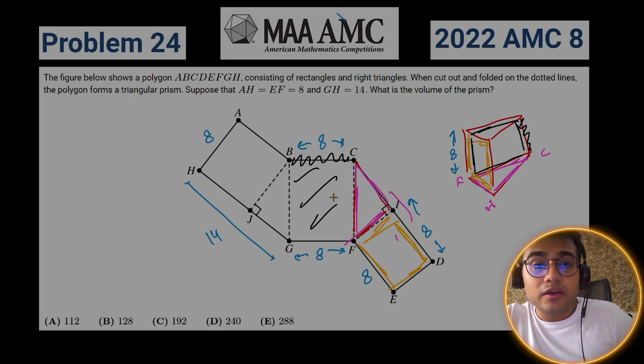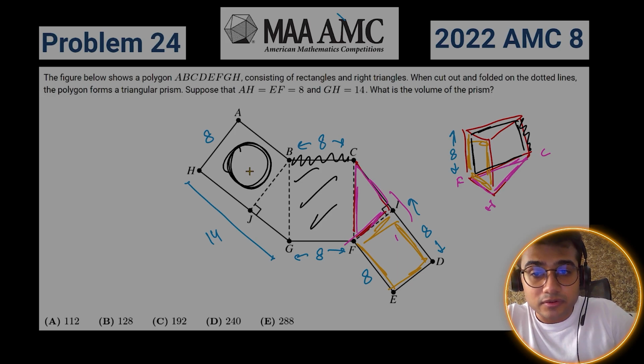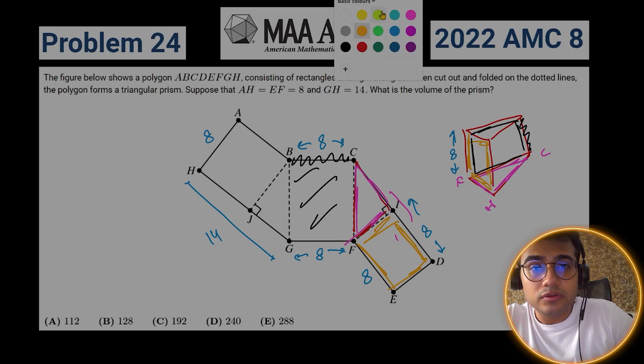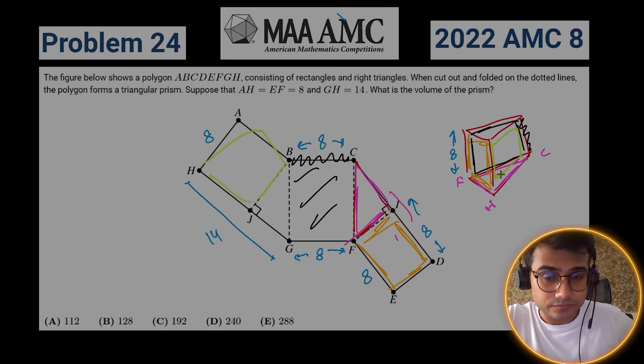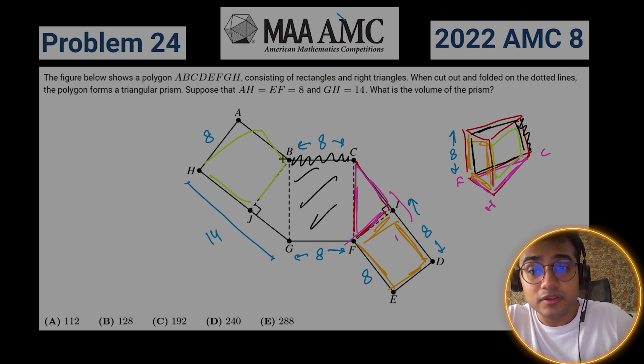But this shape is gonna be along this side right here. So again, the height of this green shape is gonna be 8 as well. So this is also 8, and then this is also 8.